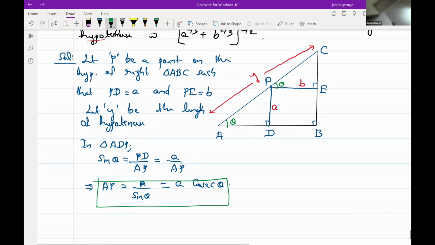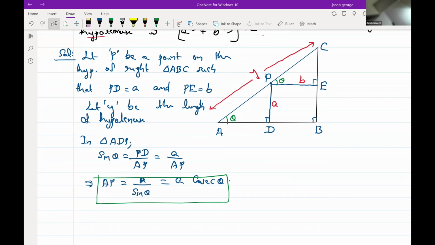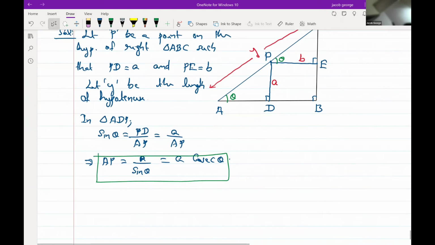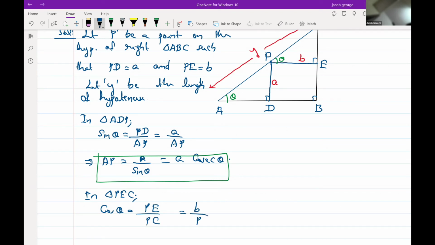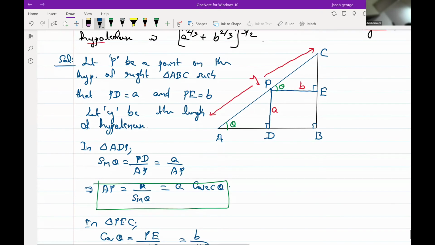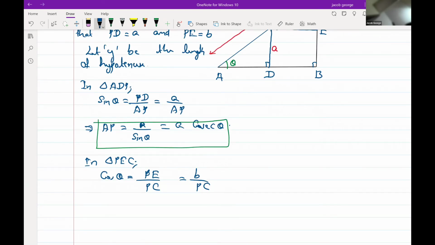Please write. First we took the triangle ADP and we took sine theta. Next is triangle PEC. In triangle PEC, there we take cos theta. Cos theta is equal to PE by PC. That is b by PC. The same way PC we can find out. PC is equal to b by cos theta.